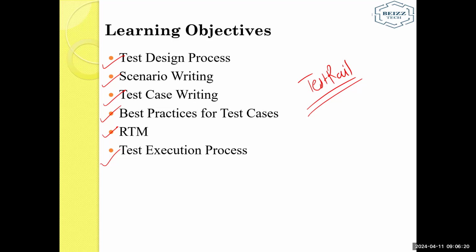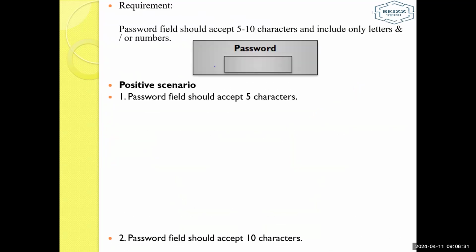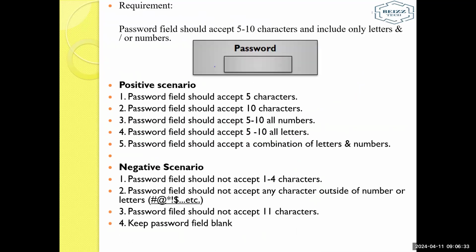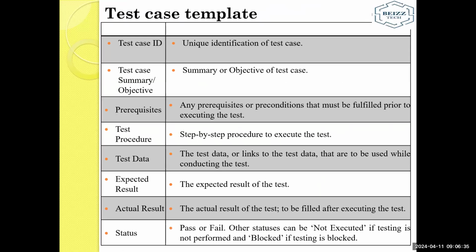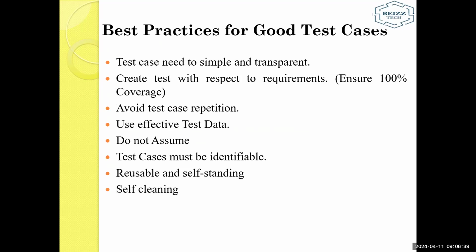For that reason, both concepts are important to know, how the process goes on manually and how we do the process with the help of a tool. So here we have completed different scenarios, how to prepare them as per the given requirement, the template of a test case, who can review the test case, and the best practices we can follow to prepare a good test case.